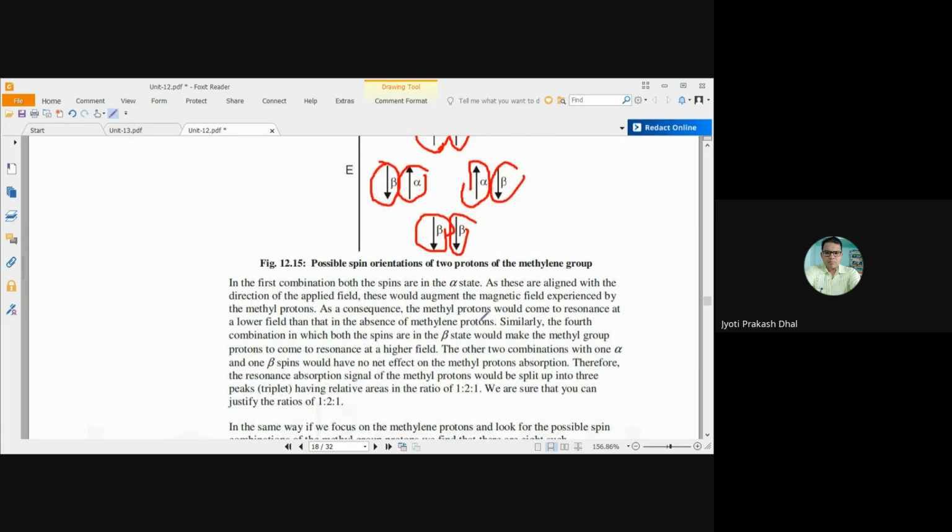So, as a consequence, the methyl protons would come to resonance at a lower field than in the absence of the methylene protons.